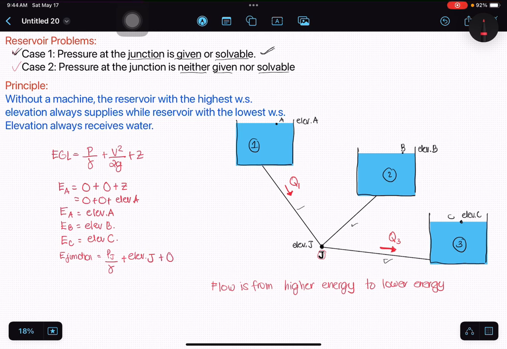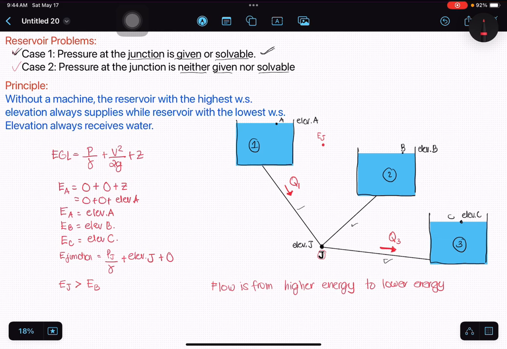So, yan. Now, if it happens that our E at the junction is greater than our E at the middle reservoir, which is at reservoir B, anong mangyayari? Let's say, nandito siya. So, ito yung total energy natin sa point J.